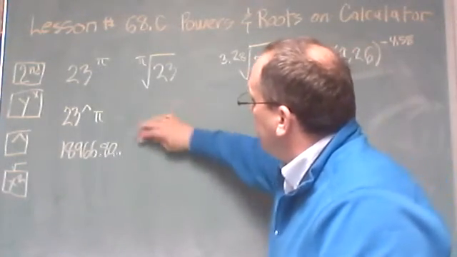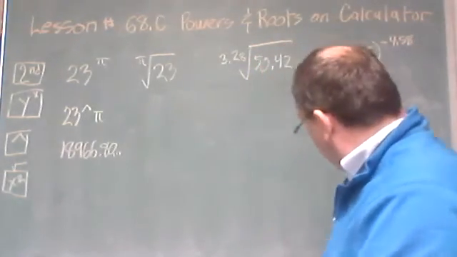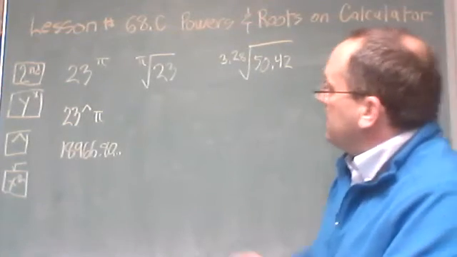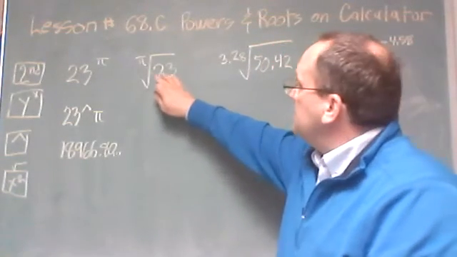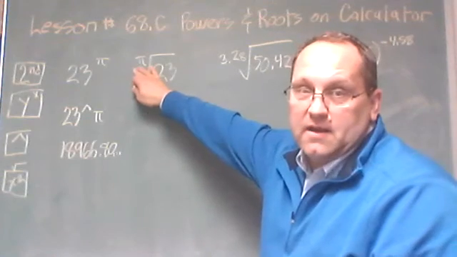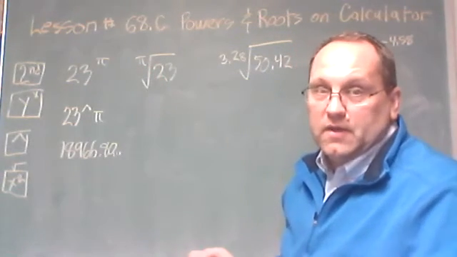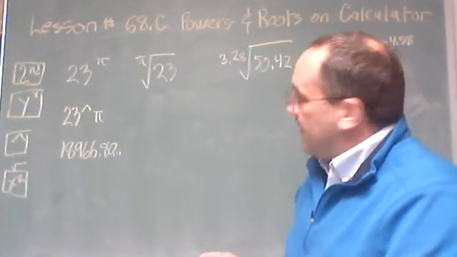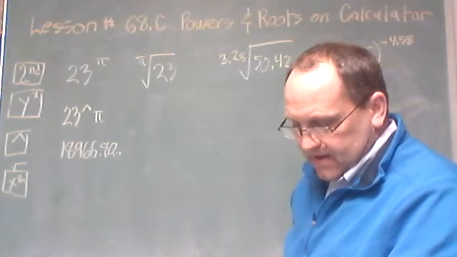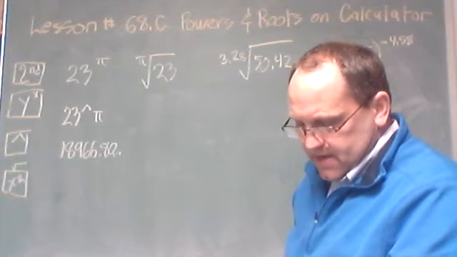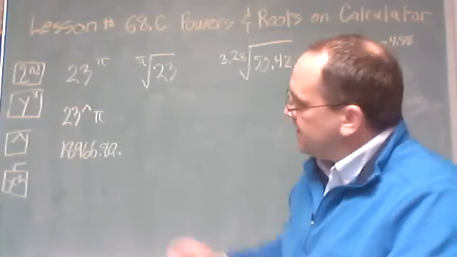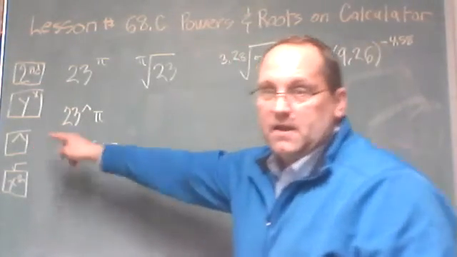Now if I'm taking the root to any other power, here I'm taking 23 to the root of pi, the pi root. In that case, I have another button, and it's actually the caret button on my calculator.